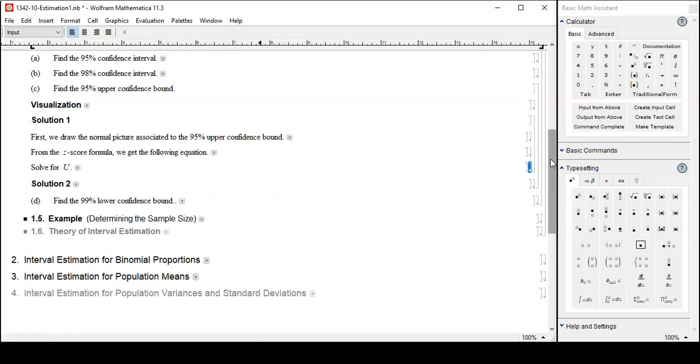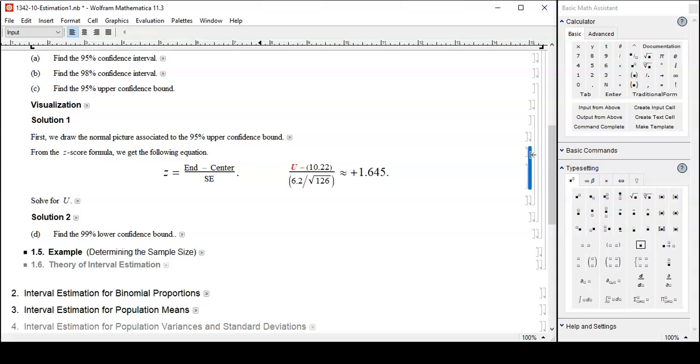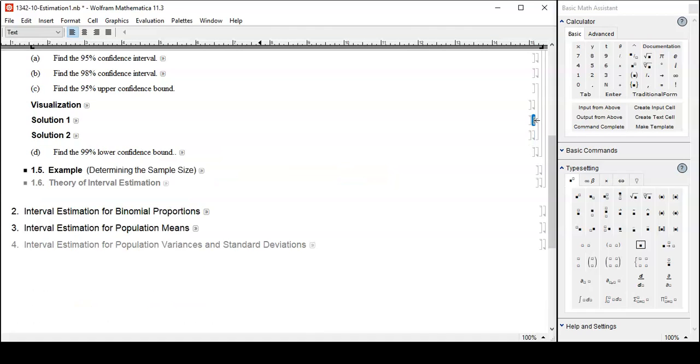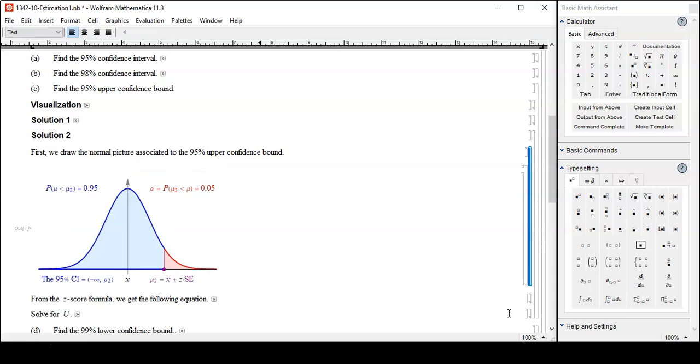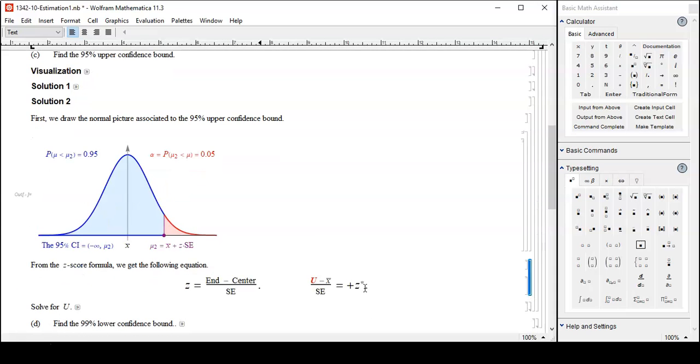Now, if you do not like this z-score method, the z formula, the mu minus center over SE method, there is an alternative way. You see, from the same picture, let's symbolically manipulate. Mu minus center over SE is a z-score, so mu minus x bar over standard error is a z-score associated to, in this case, 95% versus 5%.